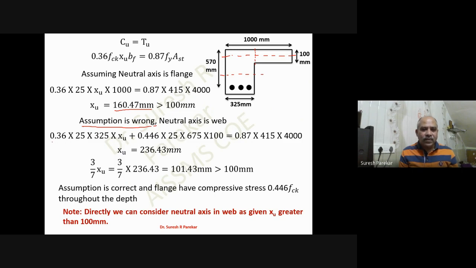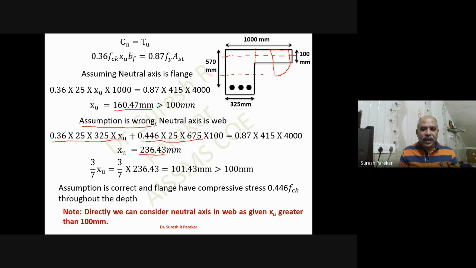So you can see we have the rectangular part 325, that is BW, plus 0.446 into 25, 675 into 100. Here we are assuming that our stress diagram will be in such a fashion that the 0.446 value will be till this, and then we have that parabola, and therefore we have considered 0.446 throughout our flange, which gives me the value 236.43.